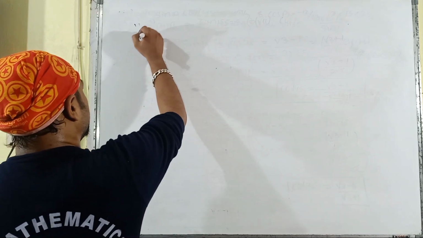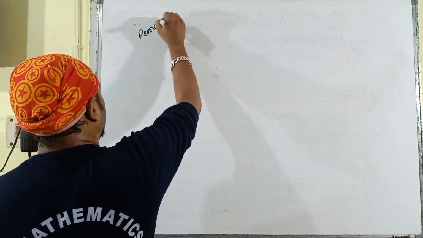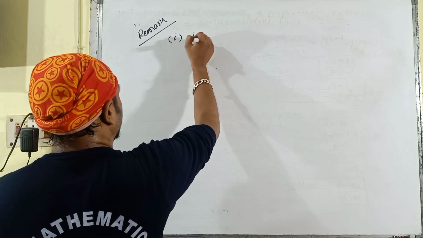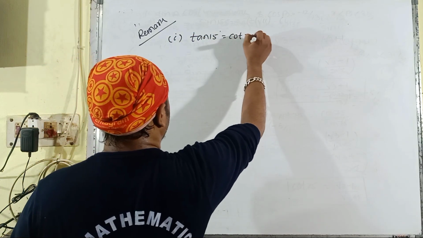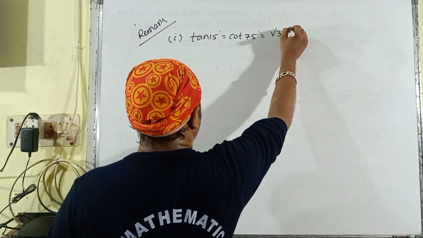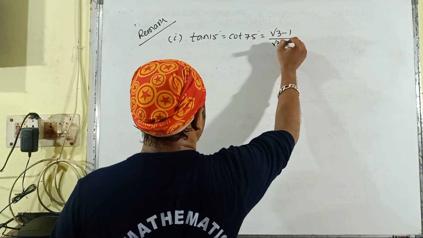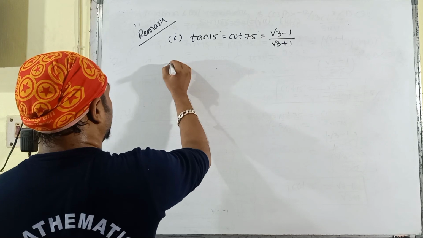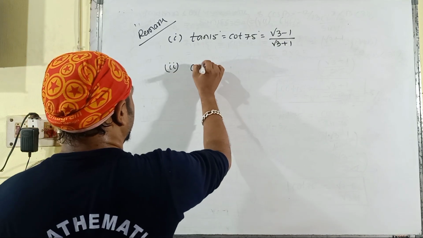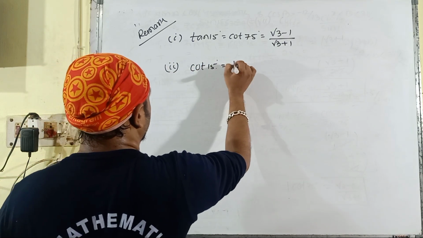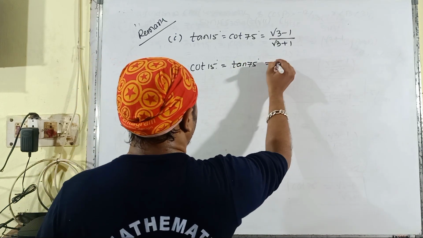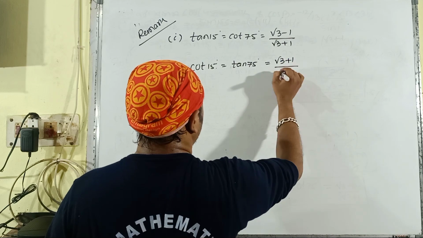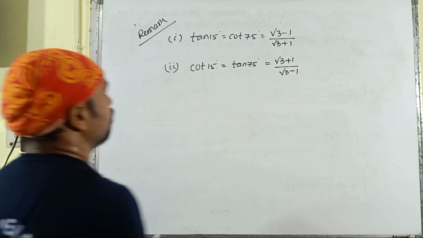The remark is tan 15 degree is equal to cot 75 degree, which is equal to root 3 minus 1 divided by root 3 plus 1. And the second remark is cot 15 degree is equal to tan 75 degree, which is equal to root 3 plus 1 divided by root 3 minus 1.